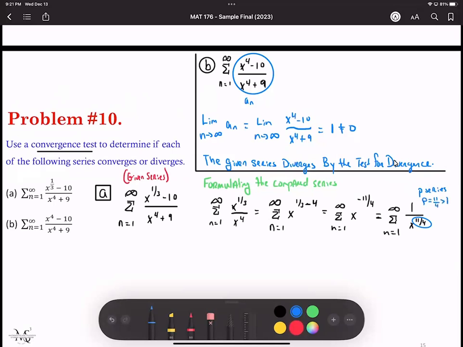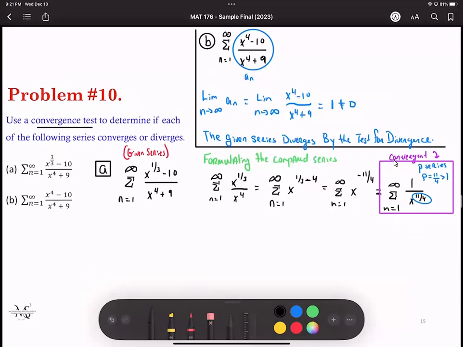So what do I know about this compared series? Will the compared series converge or diverge? Converge. Yeah, this series here is convergent, right? It's a convergent p series because p was greater than 1.